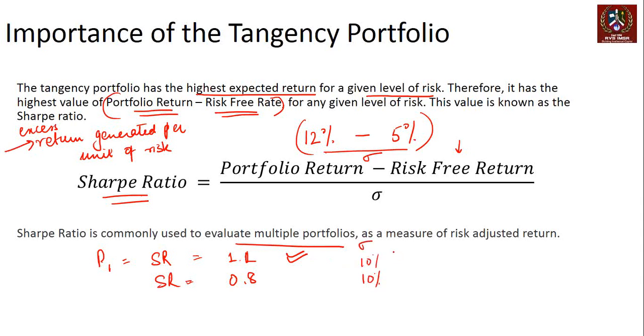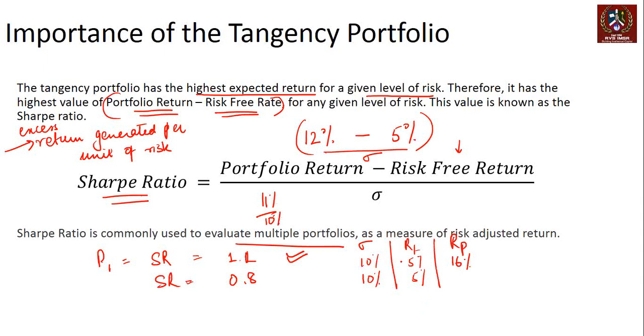And we know the risk-free rate is, let's say, 5%. Then logically, to get a Sharpe ratio of 1.1, you need portfolio return minus risk-free rate by sigma, which means the portfolio return minus risk-free rate should be 11% by 10% to get 1.1, which means the portfolio return has to be 16% in the first case.